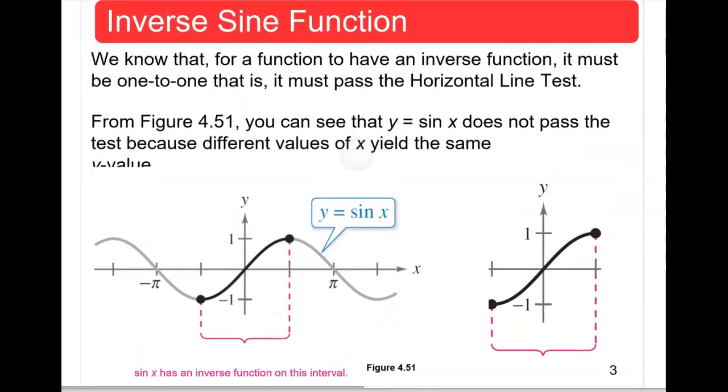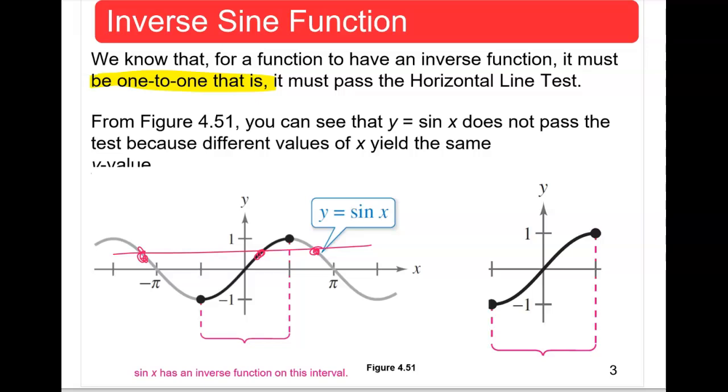We know that for a sine function to have an inverse function, it must be a one-to-one function. The way that we test a function to see if it is one-to-one is we draw a horizontal line. You could see it's not a one-to-one function because it touches the function, in this case, in 3 points.